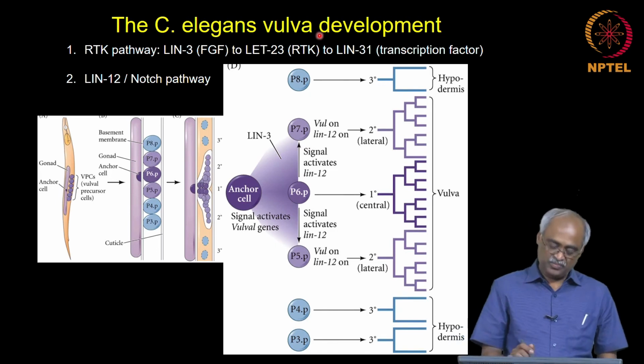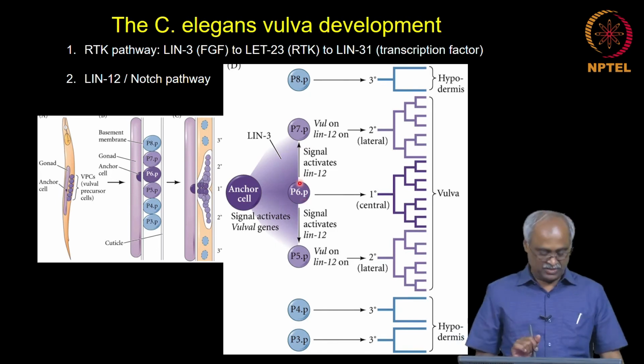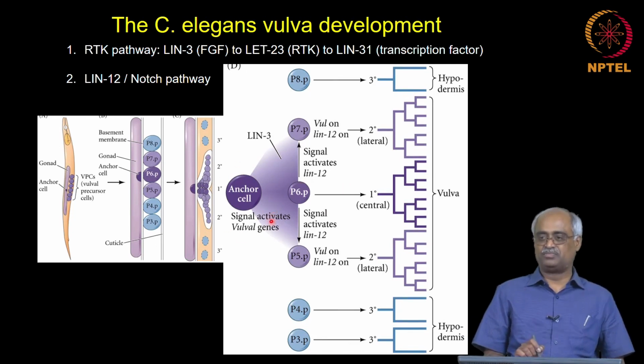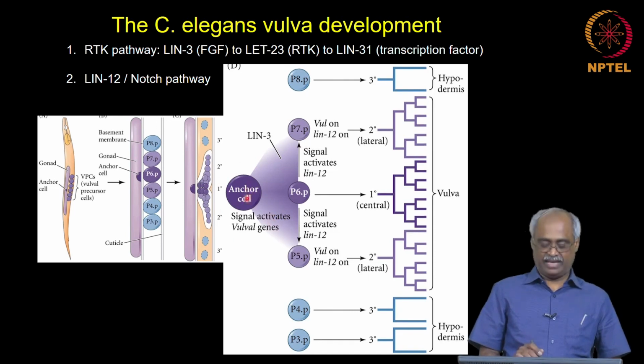Now how this signaling happens has been understood before this developmental stage, at the stage of anchor cell formation. There again the anchor cell and its sister are both an equivalence group. They are called Z1.aaa and Z4.ppp.